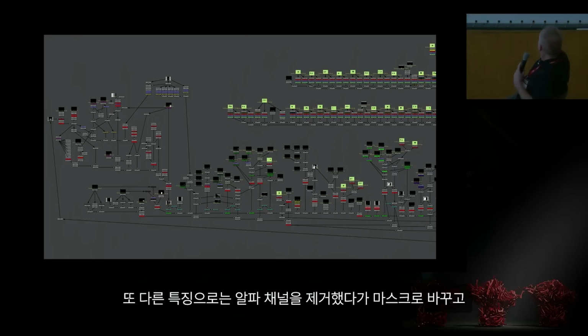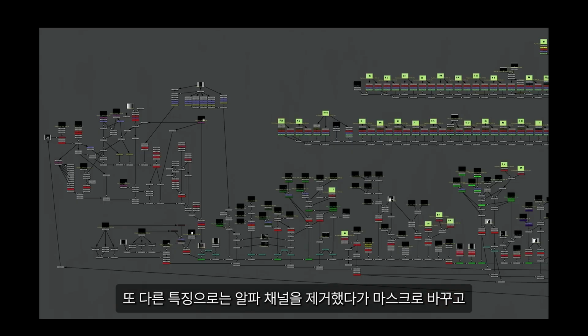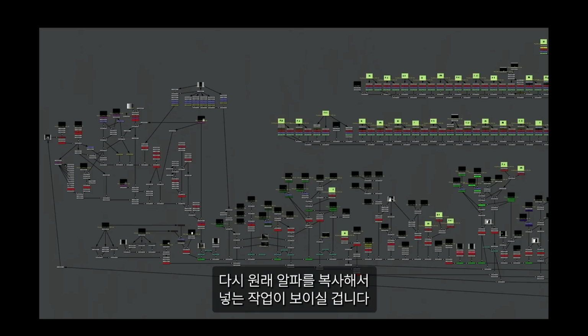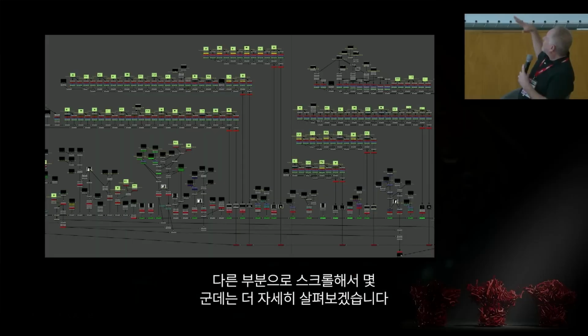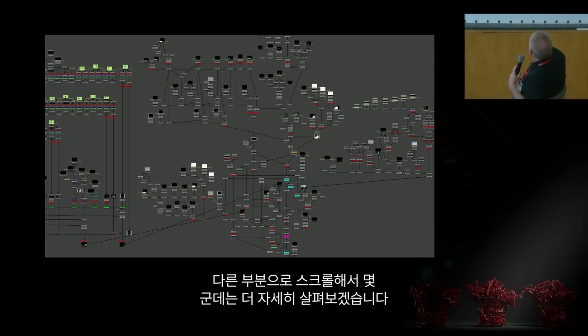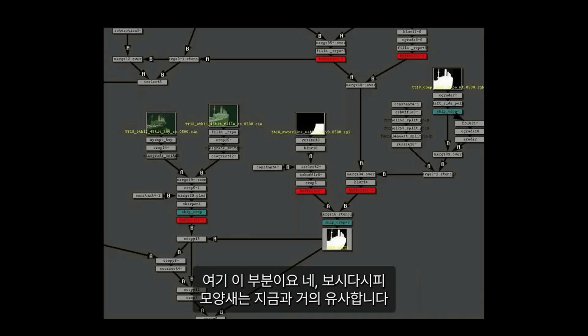And there's a lot of removal of the alpha channel, changing it to a mask, and then copying the original alpha channel back in, doing some more operations, copying back in. Yeah, so I'll scroll across to some more things and go even closer in on something. This one here. So it looks almost exactly the same.